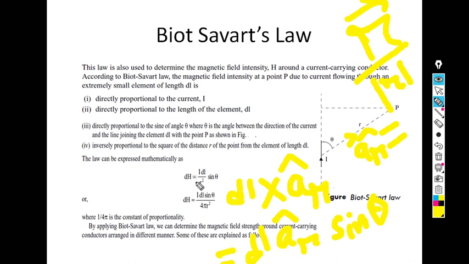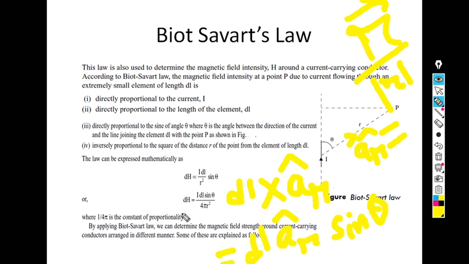Now this proportionality constant we can find as 1 by 4 pi. So dH is equal to I dl cross a r cap by 4 pi r square, or I dl cross r bar by 4 pi r cube.